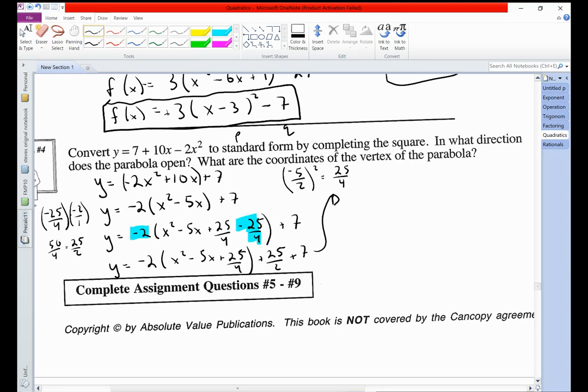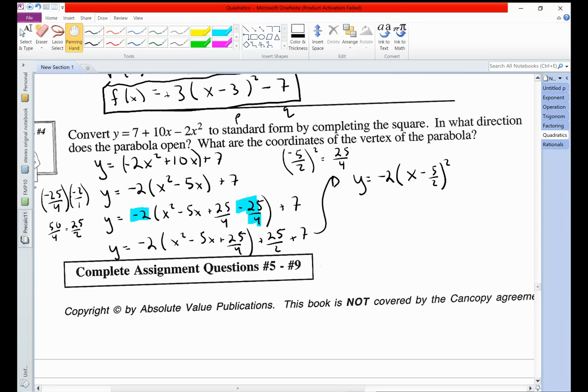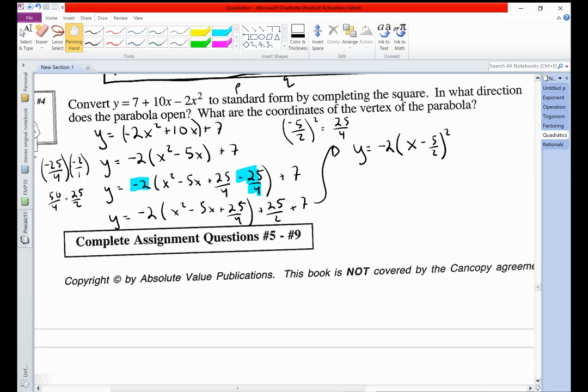So I can rewrite that as y is equal to negative 2. That trinomial is x minus 5 over 2 squared. And 25 over 2 plus 7, let's do this at the bottom here.